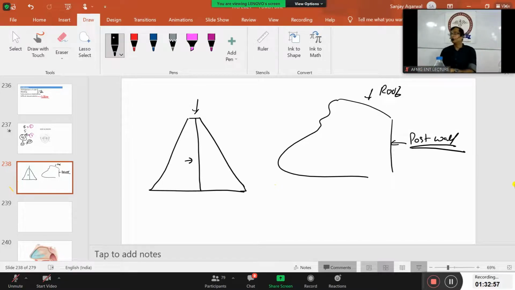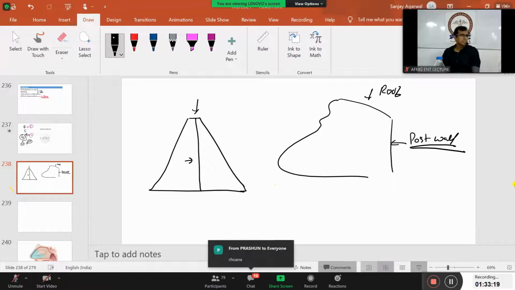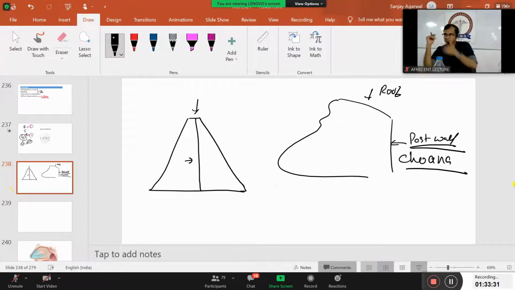Think, what was it? Does anyone remember? It is an open door between the nose and the nasopharynx. We know this already, and we discussed it.